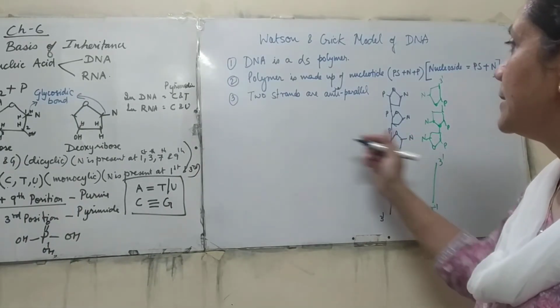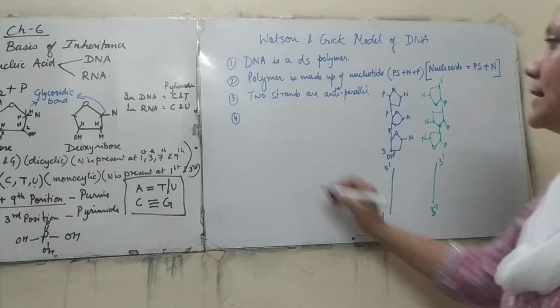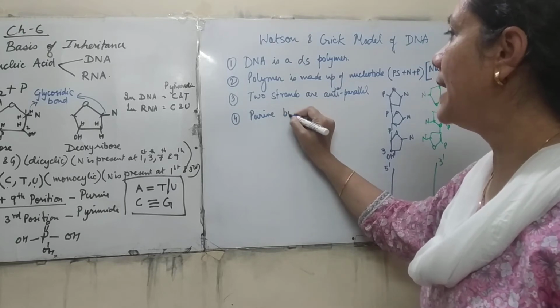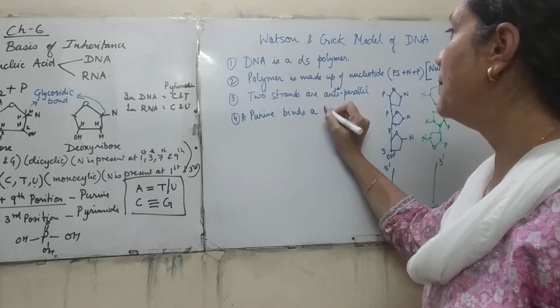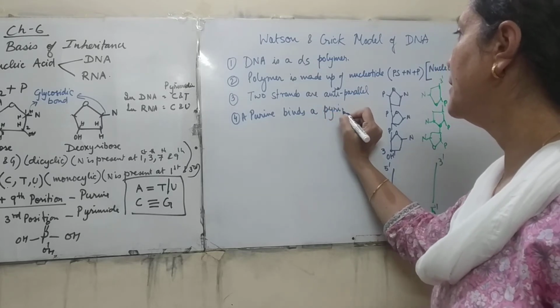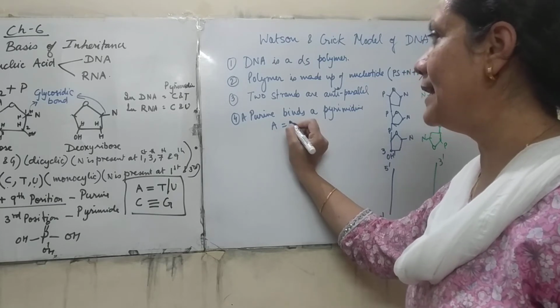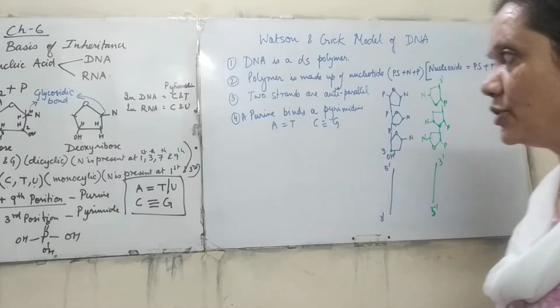So the 4th point, if we have to discuss this, is that a purine binds with a pyrimidine. And between A and T there are 2 hydrogen bonds, between C and G there are 3 hydrogen bonds.